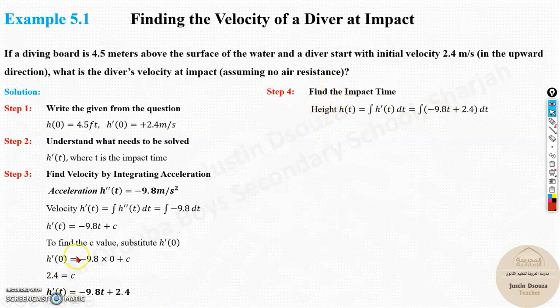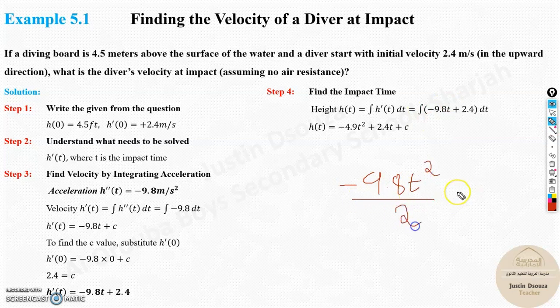So the initial position, initial height. Integrate this, that is minus 9.8 t plus 2.4. When you integrate it, look what happens. There is t, so it is minus 9.8 t square divided by 2, plus 2.4 t. When you put 9.8 divided by 2 in the calculator, you will get 4.9.